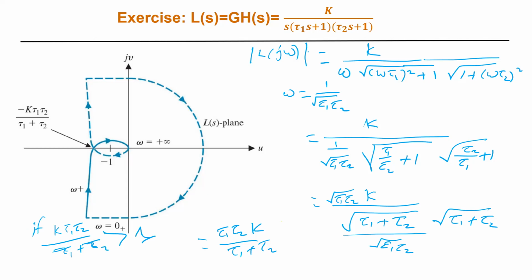If it's greater than 1, N equals 2, which means two encirclements, and the system is unstable. If K tau 1 tau 2 over tau 1 plus tau 2 is smaller than 1, I'm not encircling the minus 1 anymore, N will be 0, and the system is stable.